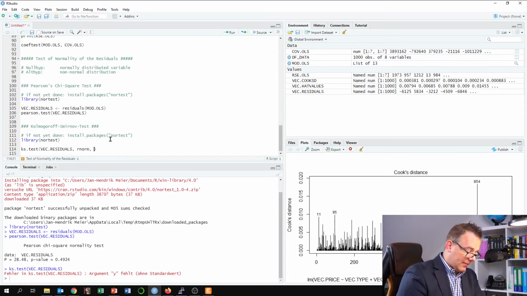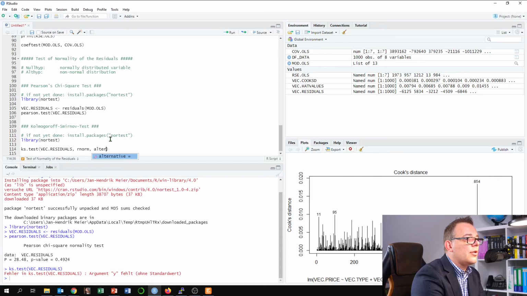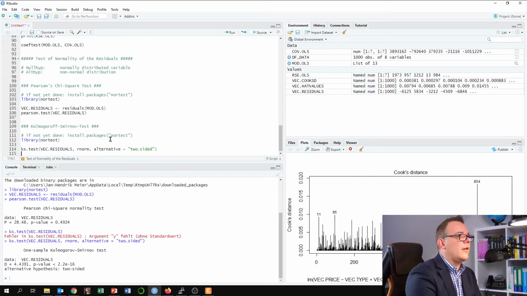We can also test for other distributions. And I have to hand over the alternative, and that is that we want to have a two-sided test here. And now I can run it. And there it is. We have a very, very low p-value here. That's very typical for Kolmogorov-Smirnov.